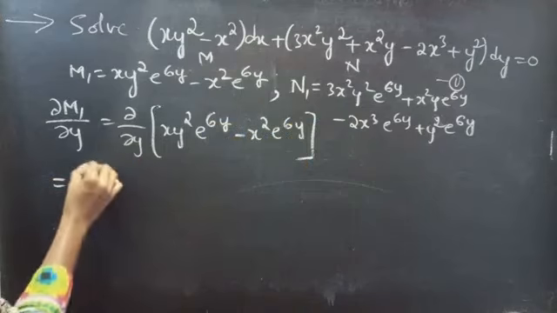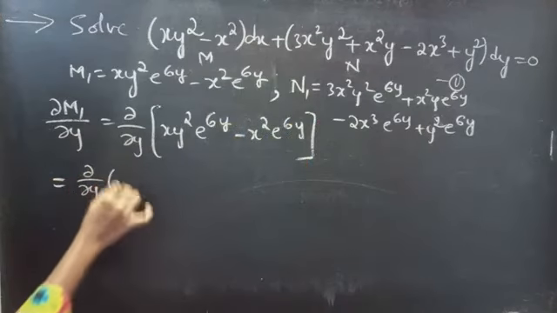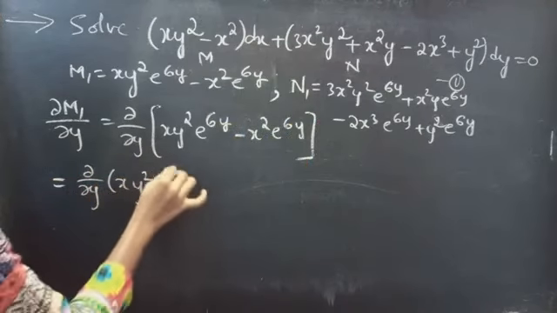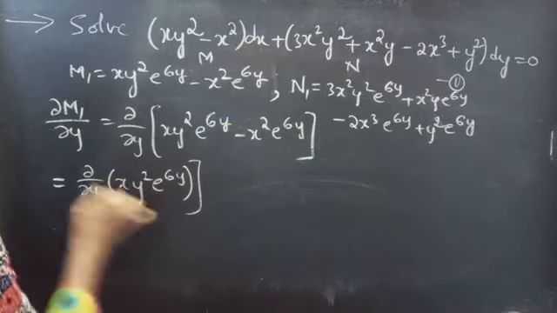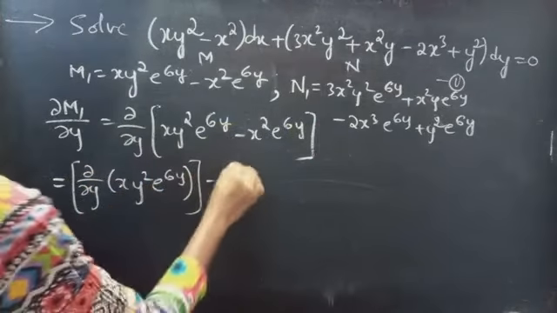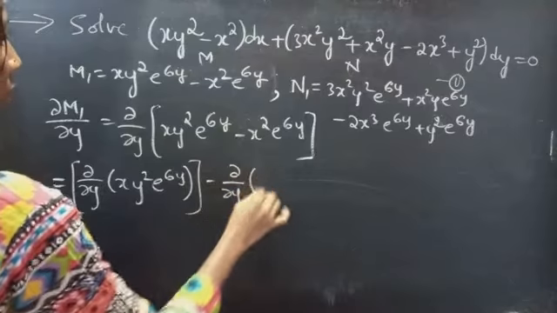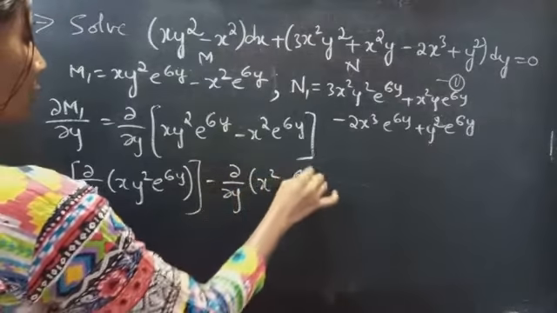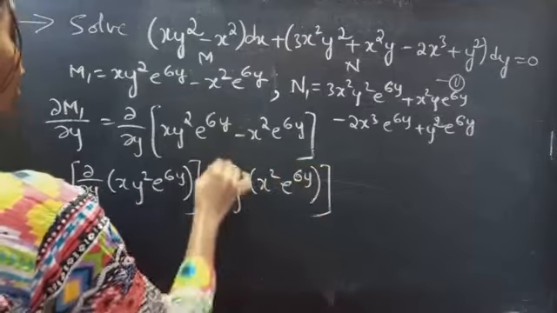This is equal to the partial derivative of the first term with respect to y minus the partial derivative of the second term with respect to y.